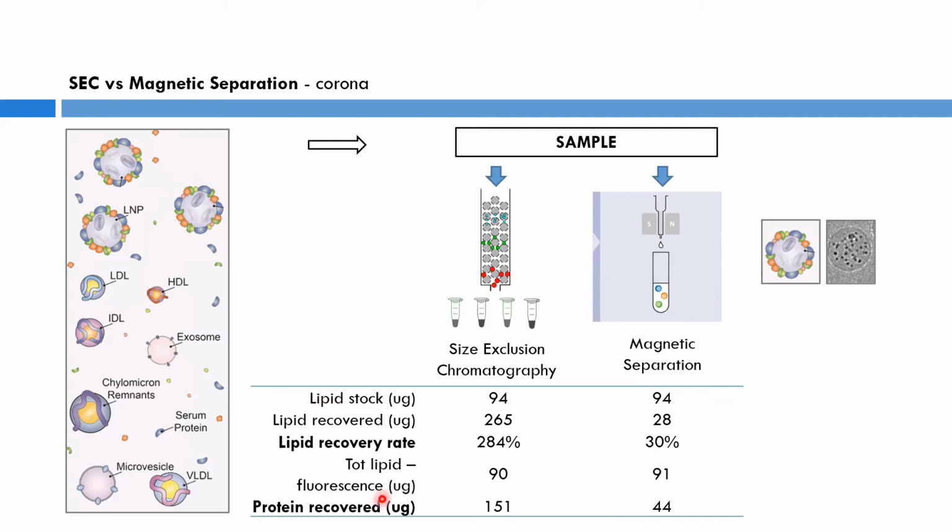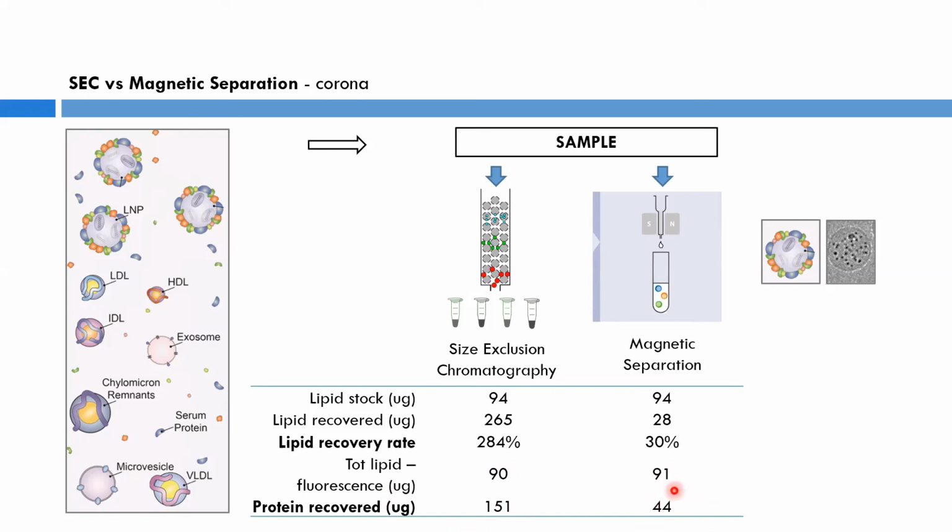It's even more obvious when we look at the protein recovered. So when the samples have the same amount of lipid recovered, measured by fluorescence, you can see that in the case of size exclusion chromatography, we recover 3 times more proteins compared to magnetic separation.